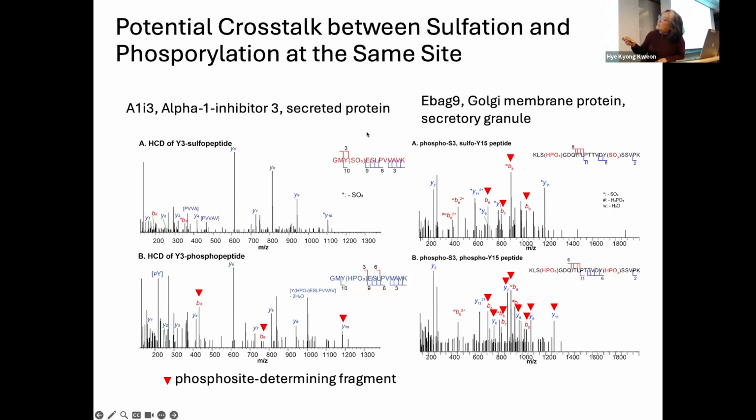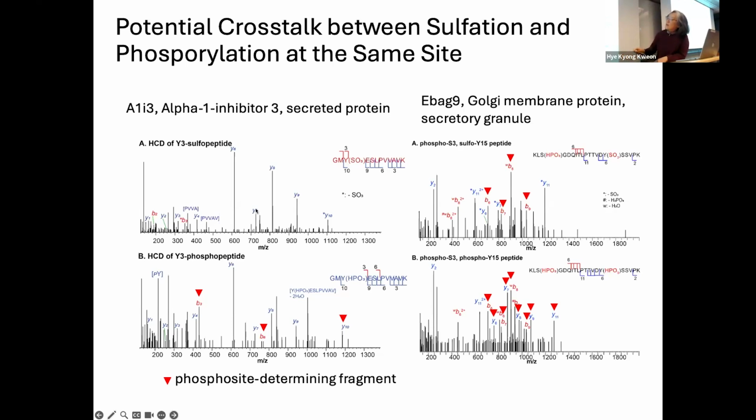So if you see here, this A1I3 peptide, and then the sulfopeptide, of course, all these fragments show no sign of modification, all complete neutral loss.